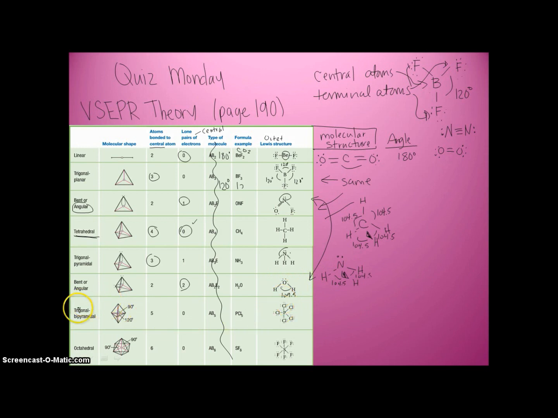Okay, so the trigonal bipyramidal, these are a little bit more complex. These are actually exceptions to the octet rule. Exceptions, obviously, you can see that there is way more atoms than there's supposed to be for phosphorus.